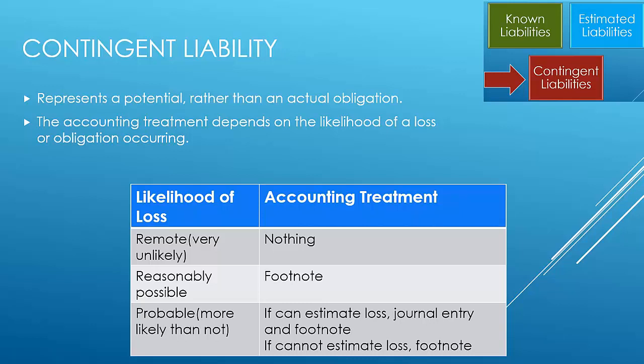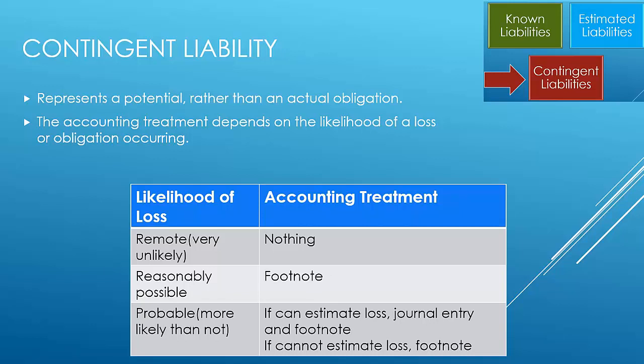We actually just put it in the footnotes of our accounting statements. And if you've ever looked online at anybody's 10K or their balance sheets, there are always these footnotes in there, and they're fascinating to read. So if there's a likelihood of a loss and it's reasonably possible, you may see something documented in the footnotes of the financial statements.